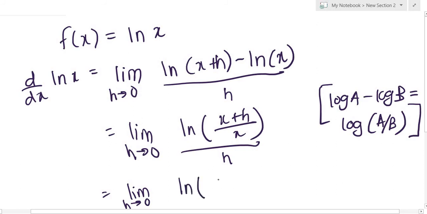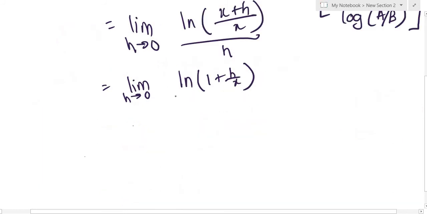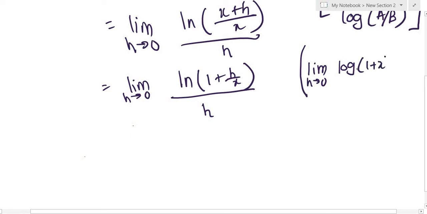You can just clean up the numerator a bit. So the natural log of 1 plus h by x all over h. Now the identity went like this: the limit as h goes to 0 of log of 1 plus h, all over h, went to 1.